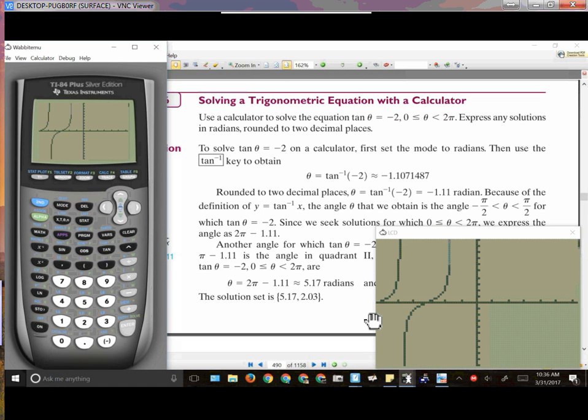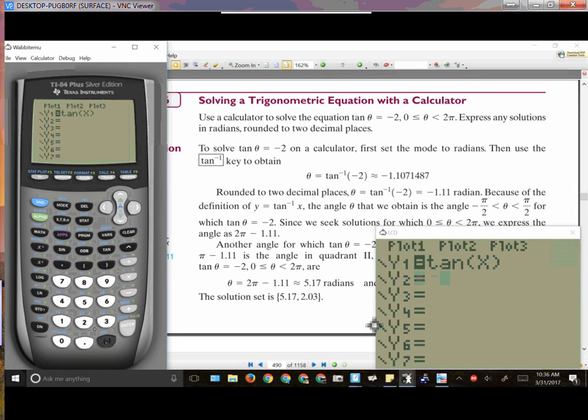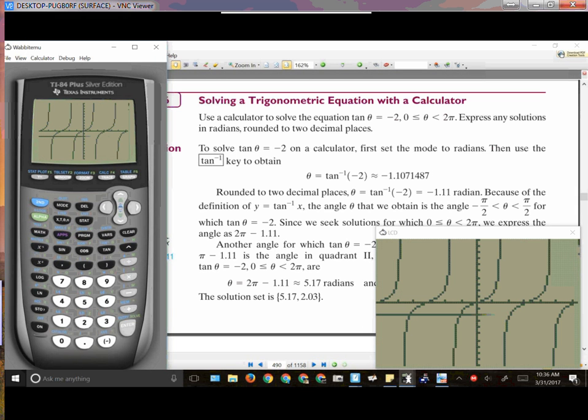Graph. Okay. So there's my tangent function. And now I was looking at it where it was at -2, correct? So I'm just going to put in my -2 down here and graph to see where my intersections are going. So we were supposed to do this between 0 and 2 pi. Now the first one we came up with, trace, was at -1.1, correct?